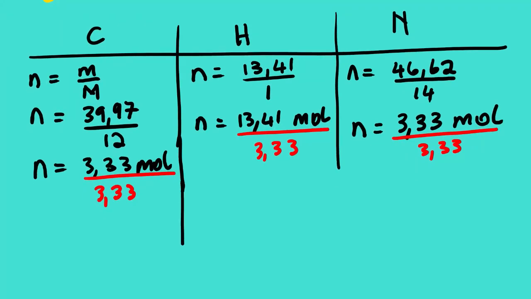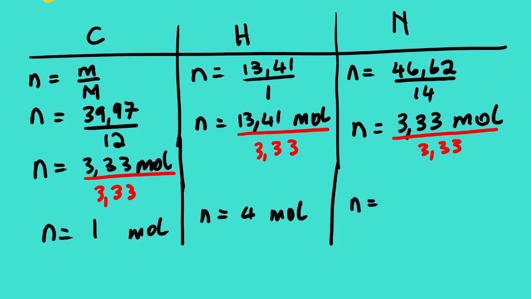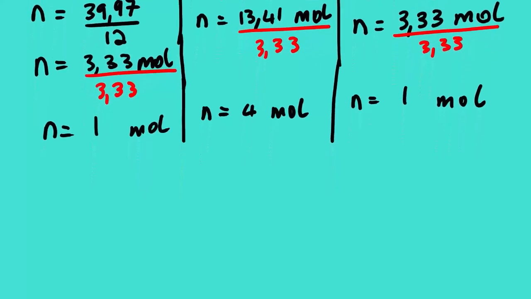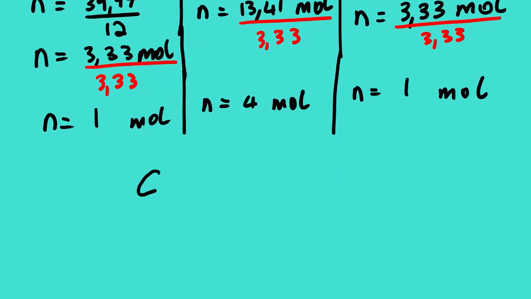So we get that carbon has 1 mole, and then hydrogen has 4 mole, and then nitrogen will have 1 mole. Then we conclude that our empirical formula is C1H4N1.